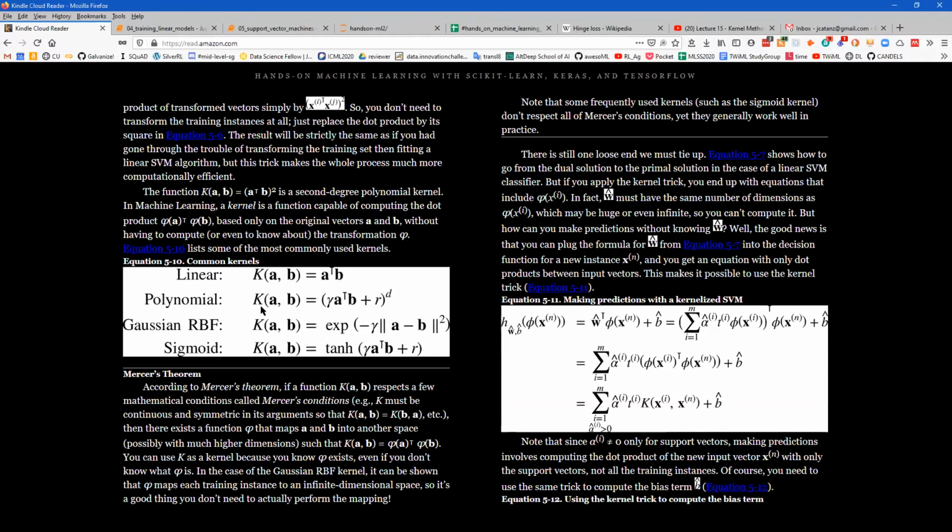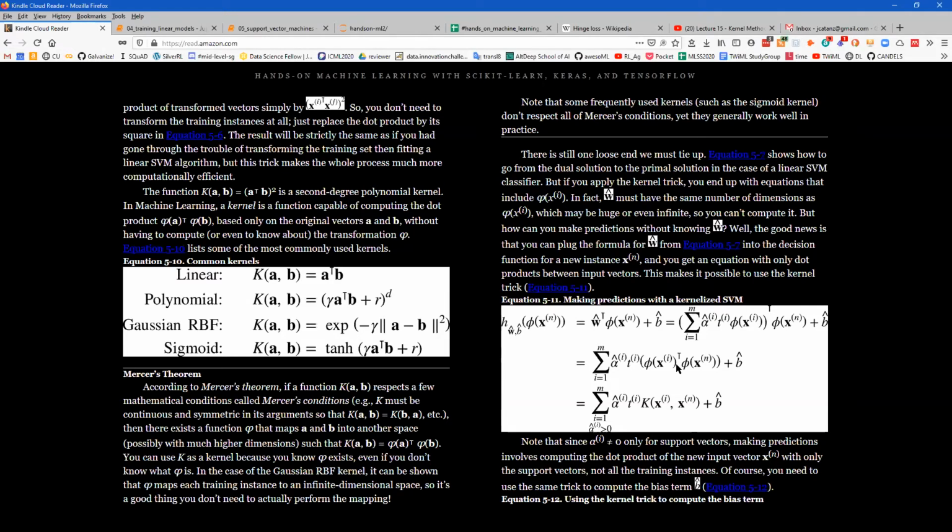So what is the maximum constraint? The polynomial kernel is this, and then we talked about the Gaussian radial basis function. But the kernel trick, the kernel function, is basically a function that can represent a dot product in a higher dimensional space. And in order to be able to do that, it has to satisfy this thing called Mercer's conditions.